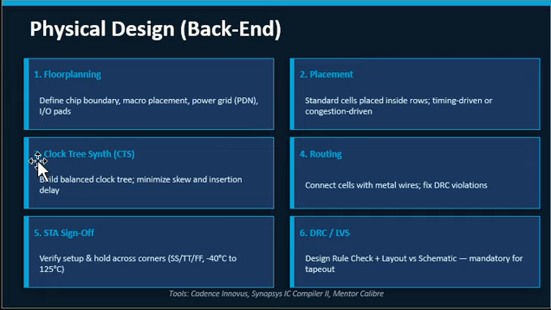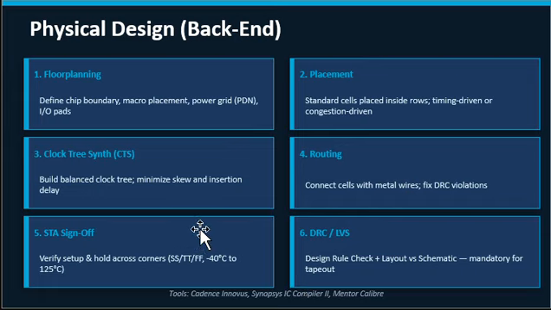Then we go for the clock tree synthesis, in which we optimize the clock in such a way that we have less delays for our modules. Then we have the routing, that is we connect the cells with metal wires.